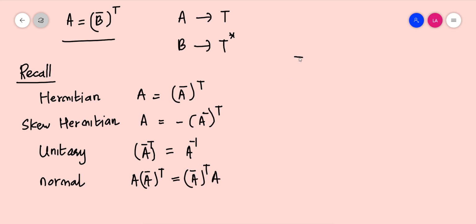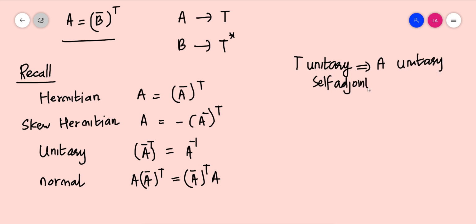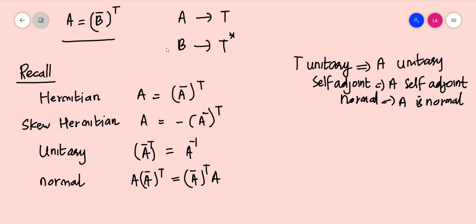Now, an operator T is unitary if the associated matrix A is unitary, and it is self-adjoint if A is self-adjoint, and it is normal if the associated matrix A is normal. So we have successfully related the matrix of A and its Hilbert adjoint operator.